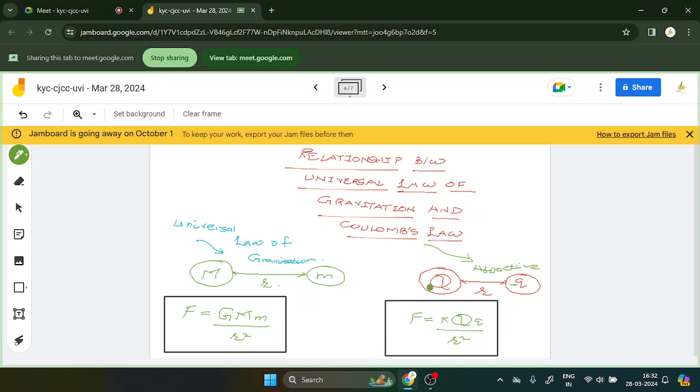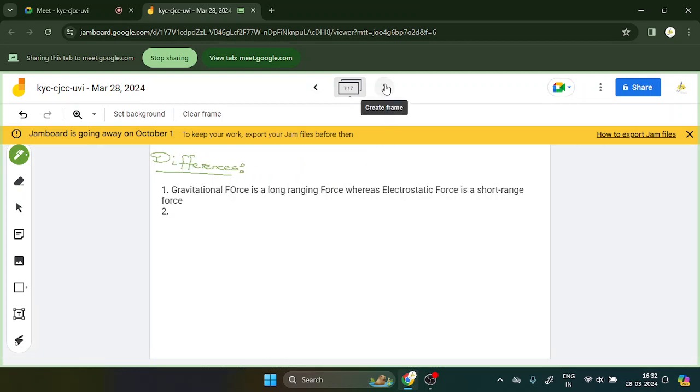Now it will become attractive because there is minus q here. Like charges repel each other, whereas unlike charges attract each other. So it depends upon the type of charges which you have. Electrostatic force can be repulsive or attractive, whereas the gravitational force is always attractive. Clear?